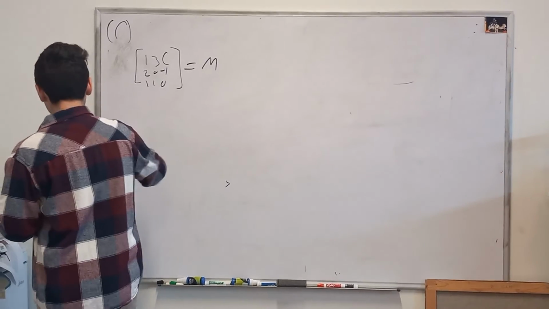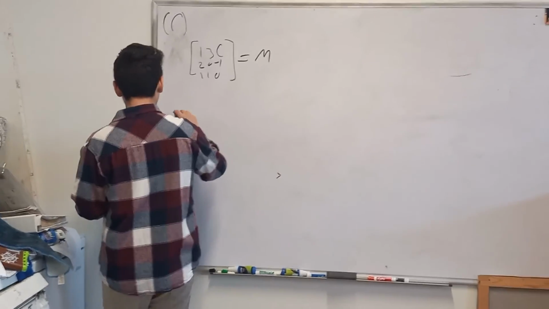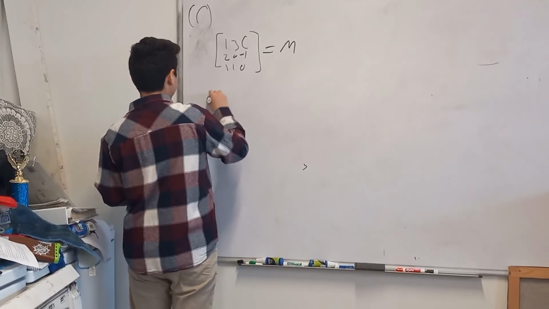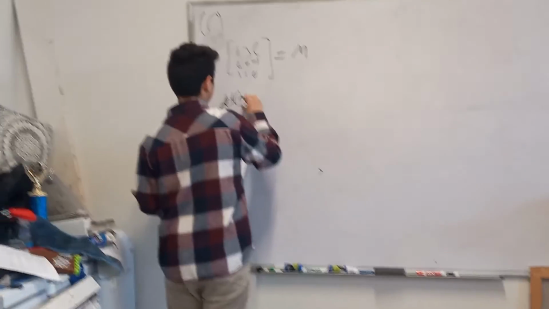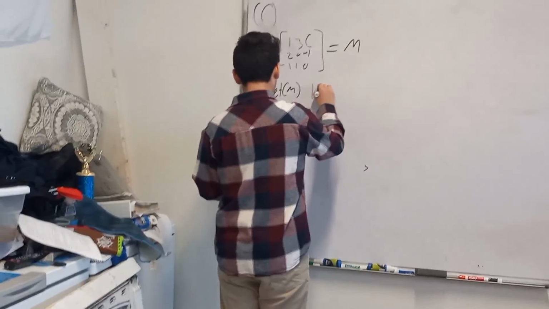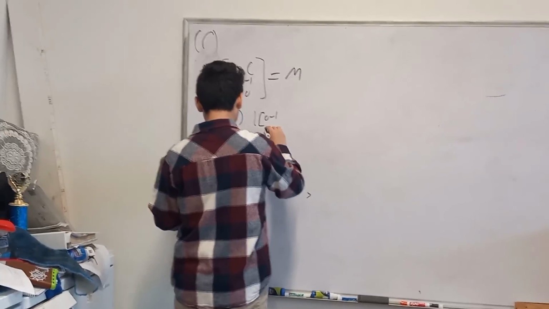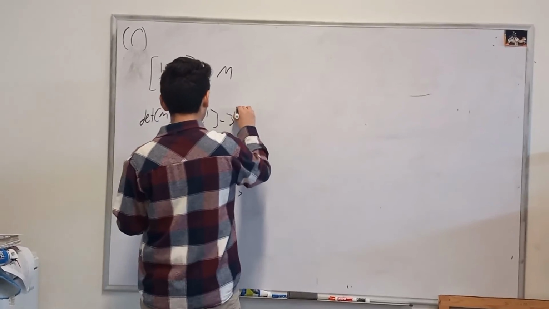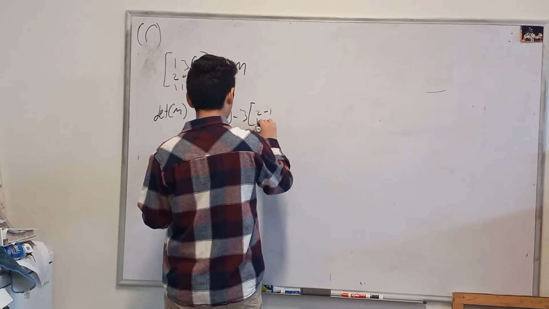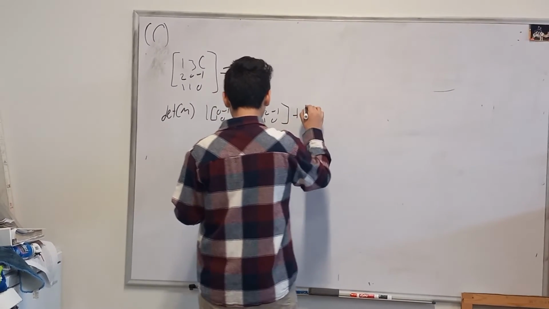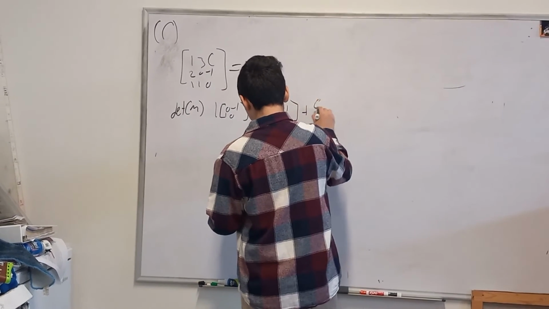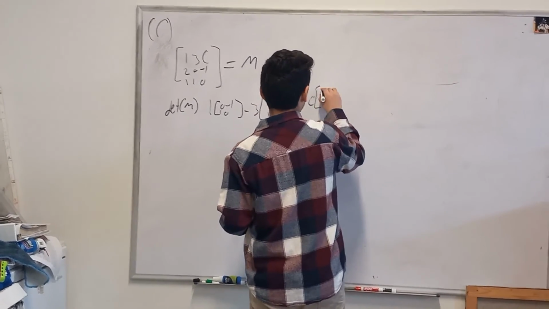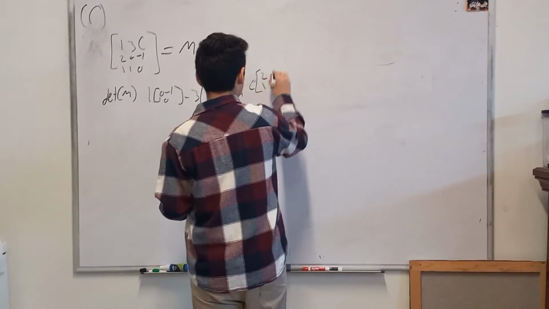Well, now we just take the determinant of M. So we get 1 times the determinant of 0, negative 1, 1, 0, minus 3 times the determinant of 2, negative 1, 1, 0, plus C times the determinant of 2, 0, 1, 1.